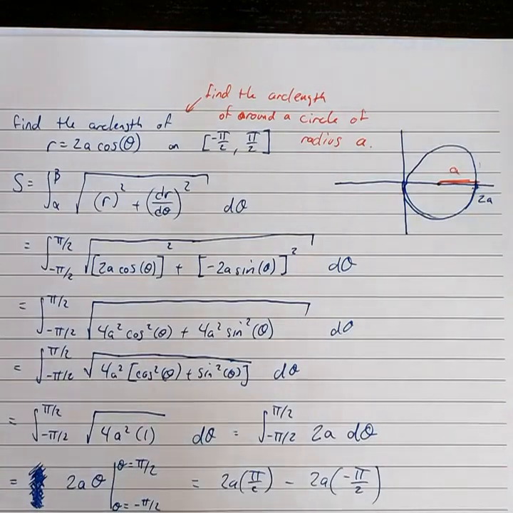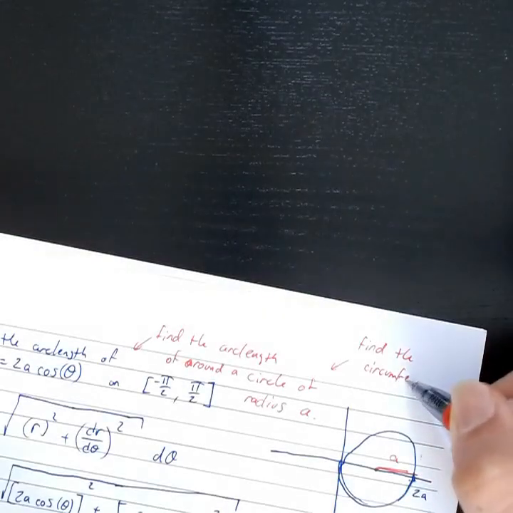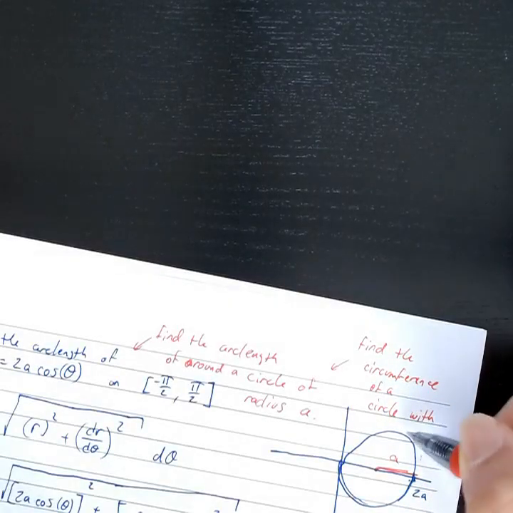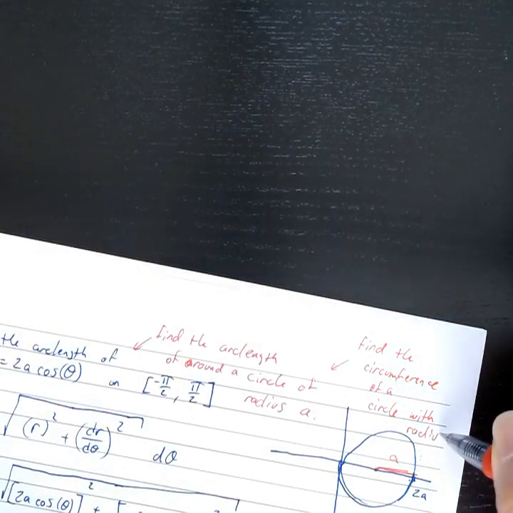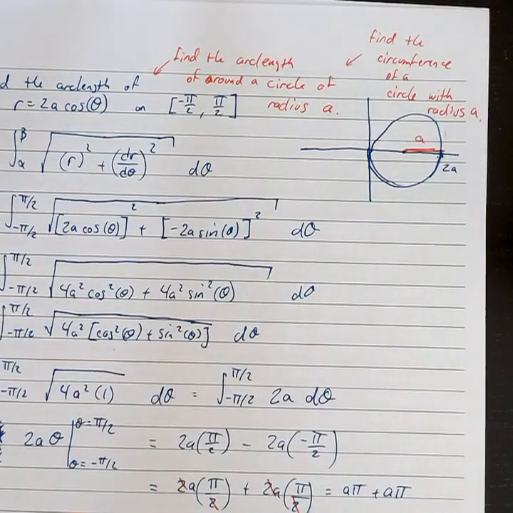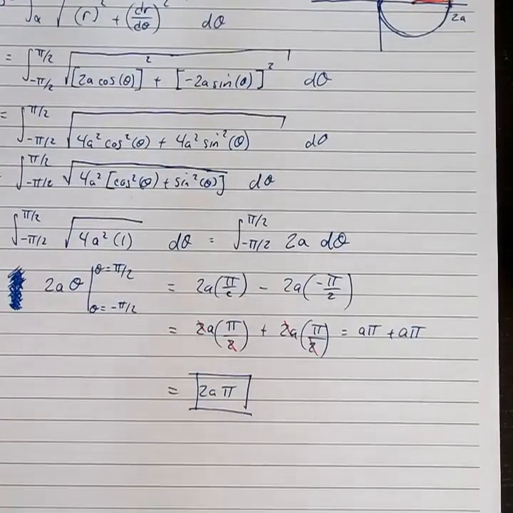That's called the circumference of the circle. So really, this question was asking, find the circumference of a circle with radius a. The circumference of a circle is 2 pi r. But for r we're using a. So 2 pi a.